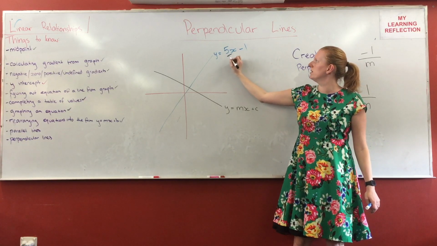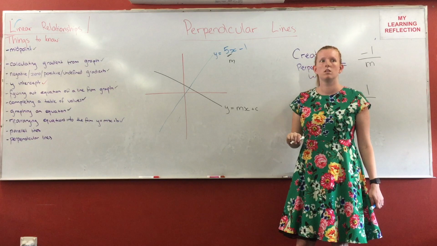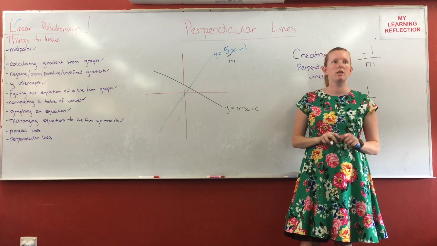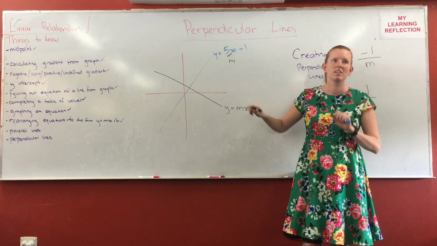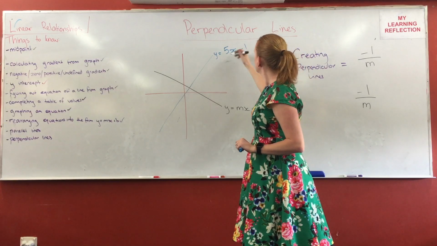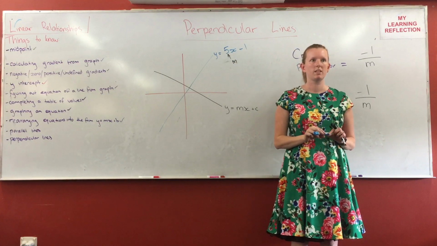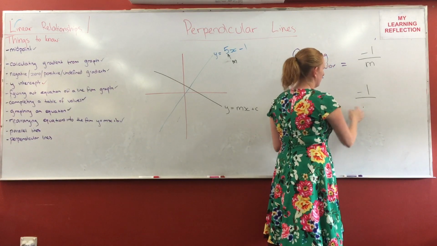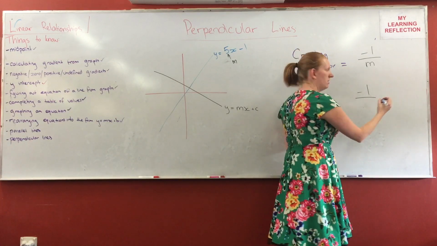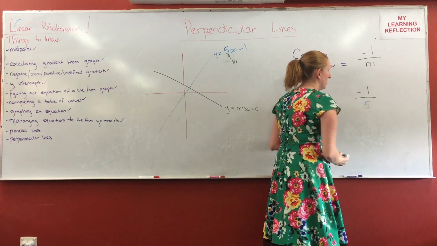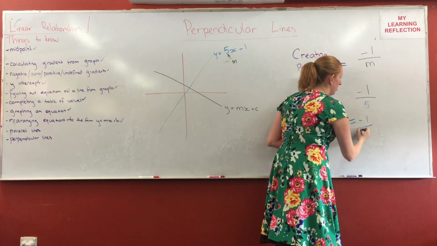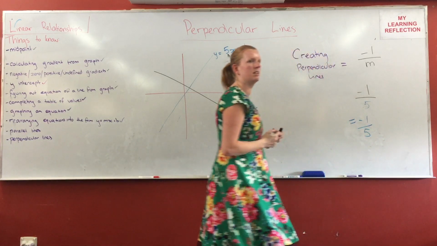So this is my m. You know, y equals mx plus b. M stands for gradient. Just do negative 1 over gradient. That's it. So, instead of m, I'm going to be writing 5. So negative 1 over 5. That's literally it. Yay!